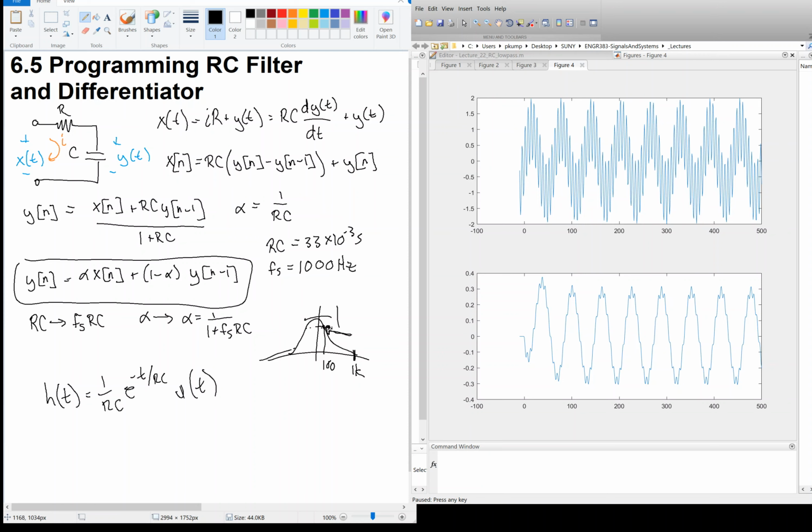So the 100 might have a factor of 0.8 or something like that. Don't take my word for that, though. And then the 1000 hertz signal might have a much lower factor, like 0.1. Don't take my word for that either. But the idea is that the 1000 hertz signal is getting attenuated more than the 100 hertz signal, but both of them are being attenuated, hence the decrease in amplitude here, 0.4 versus 2.